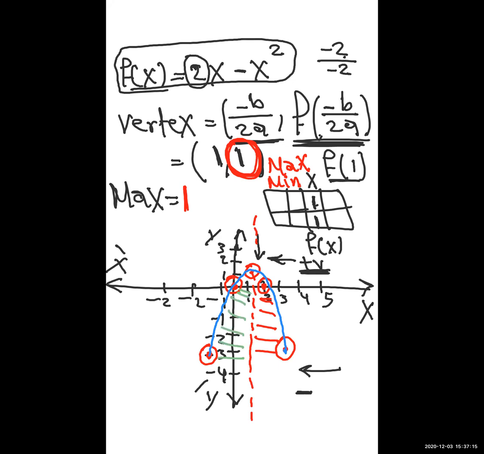How to get it, guys? Actually, from the vertex point. The first coordinate of the vertex will be the equation of symmetry. So the equation of symmetry will equal x equals 1.